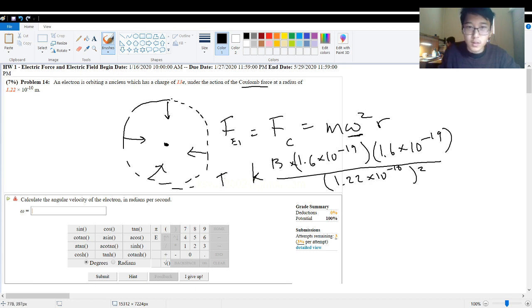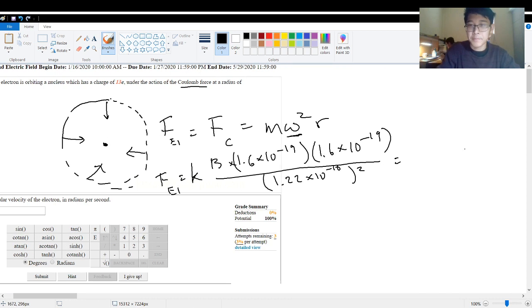So this is the Coulomb force, and that's equal to the mass of the electron. Where we're looking at the electron in this case, the electron is the one orbiting. So what is the mass of an electron? Let's search it up. 9.1 times 10 to the negative 31.